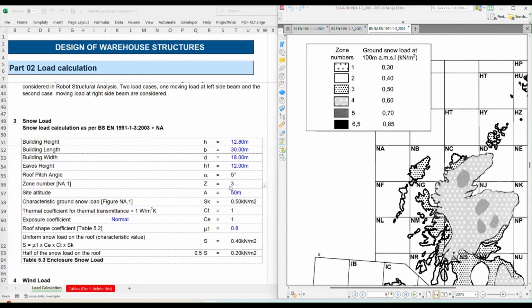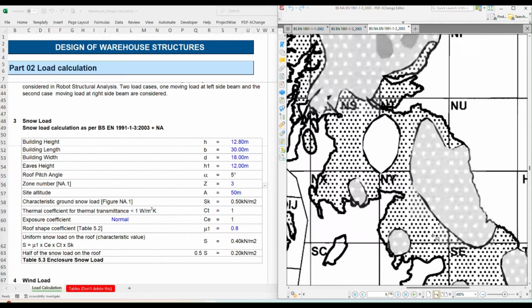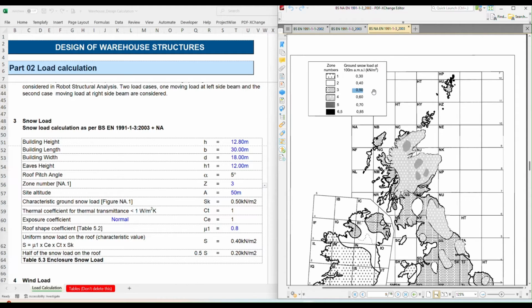So we have considered zone number 3, whereas our location falls under this dotted portion, we are just assuming that. So our ground snow intensity is 0.5 for zone 3. That is what is considered here.